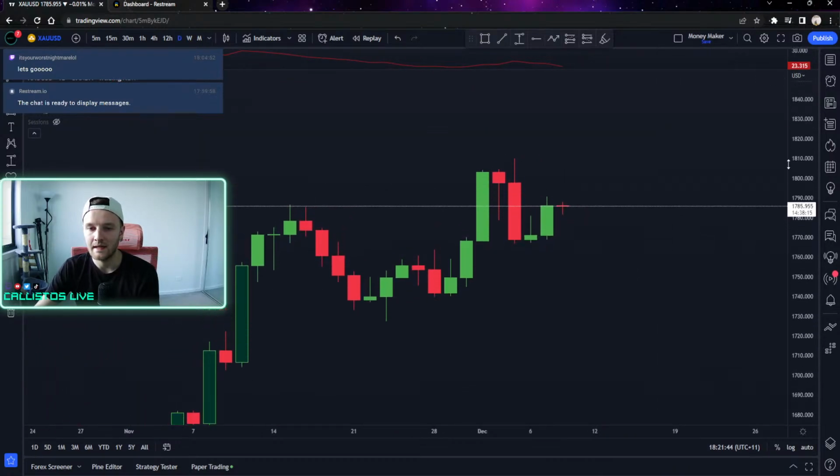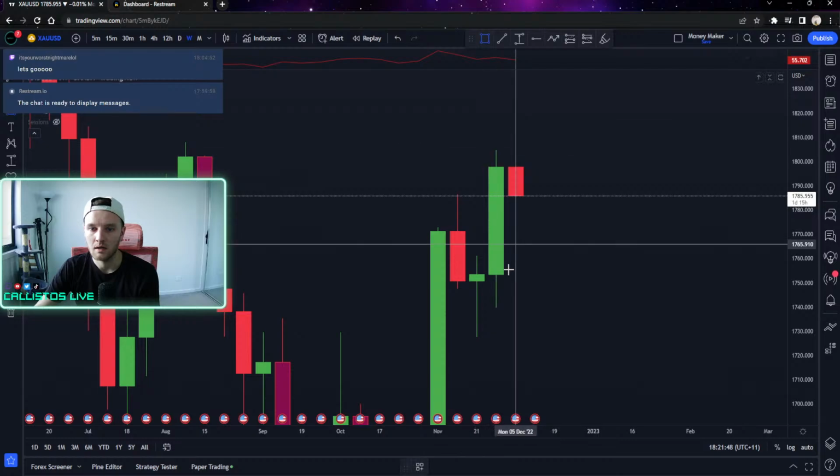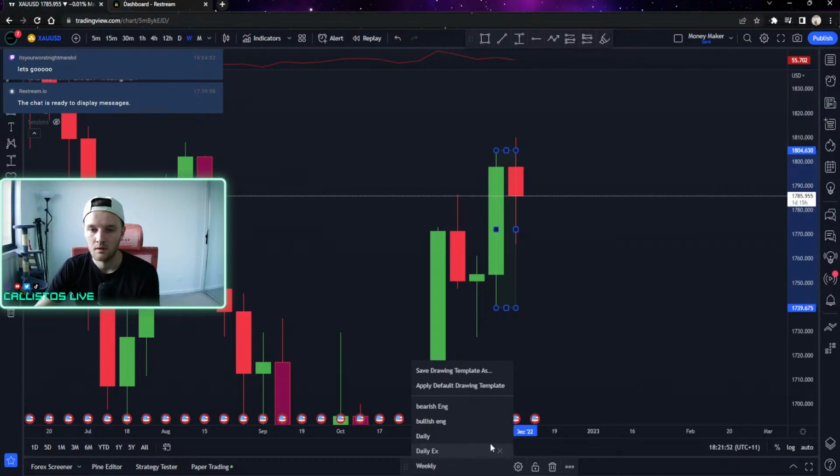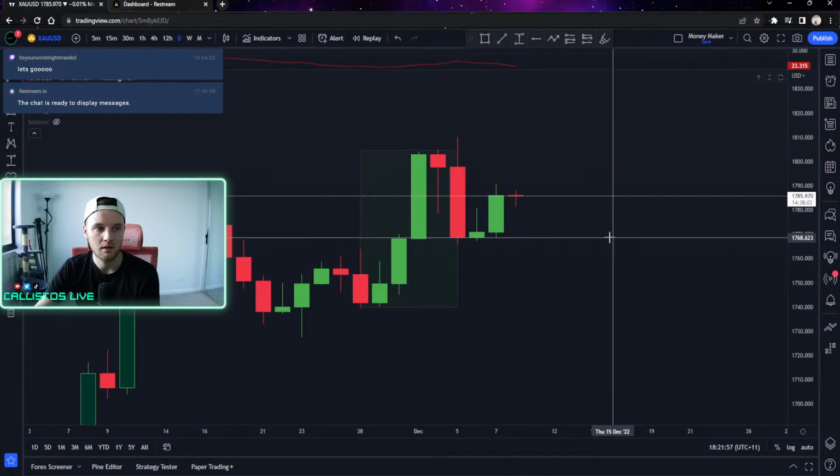Looking at the daily, let me just mark last week's candle right there. Now look at the daily.